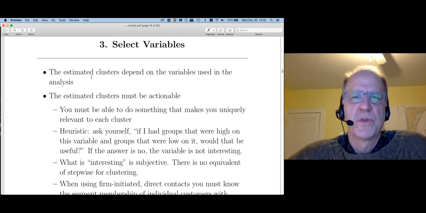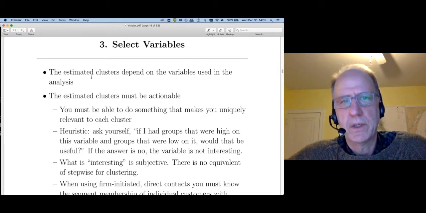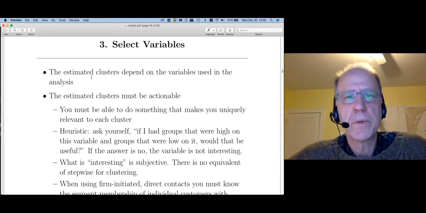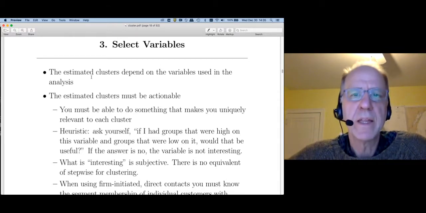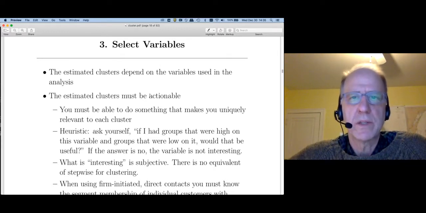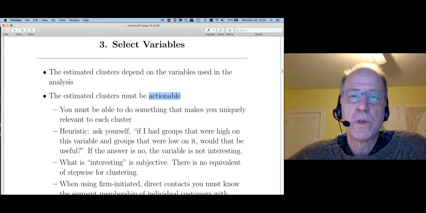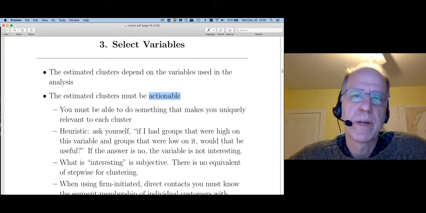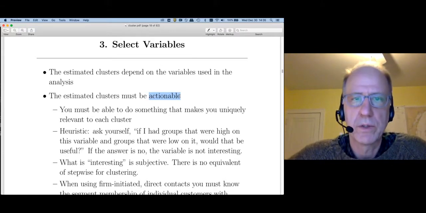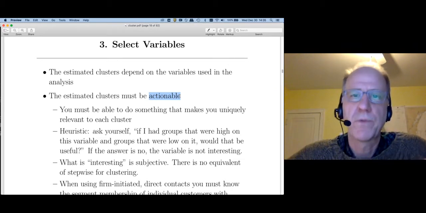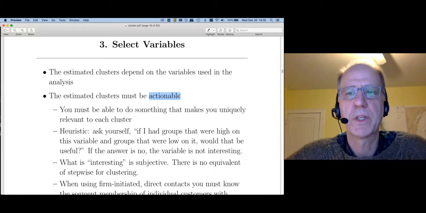So how do you choose those variables? Well, my view of this is to think about where you need to end up. At the end of the day, you need clusters that are going to be actionable. So maybe it's useful and actionable for me to separate out head colds from chest colds. If that's the case, let's find attributes that will allow me to separate a head cold from a chest cold.